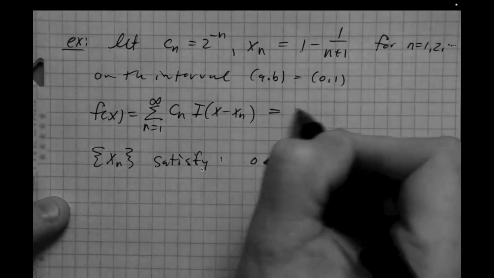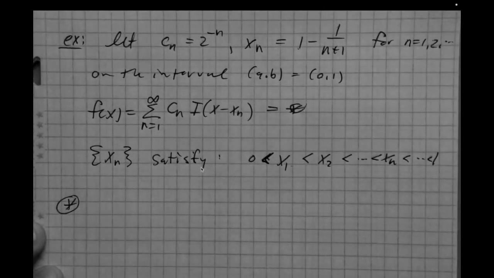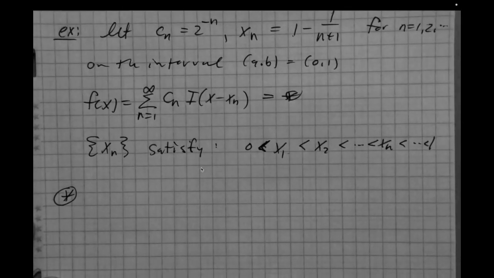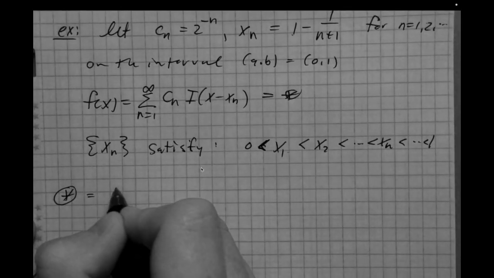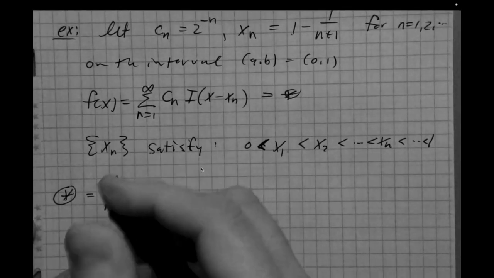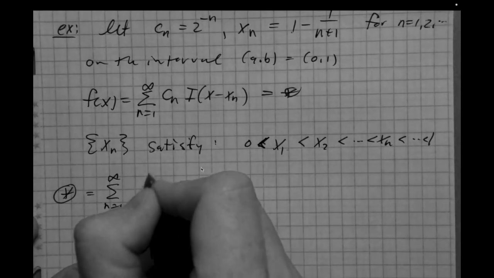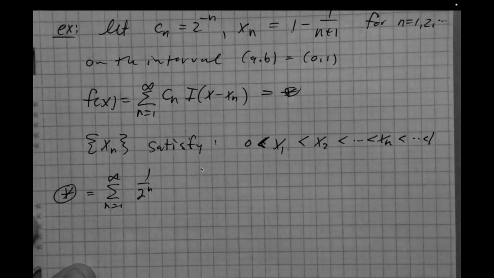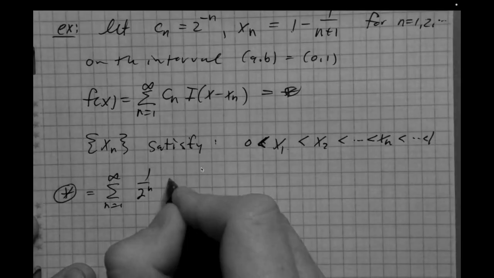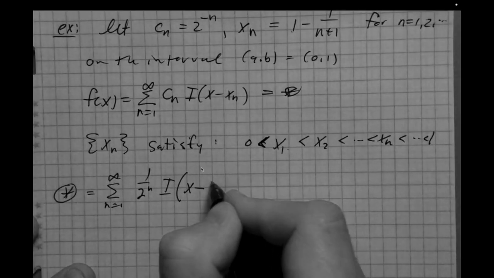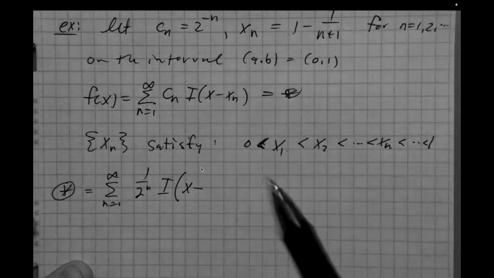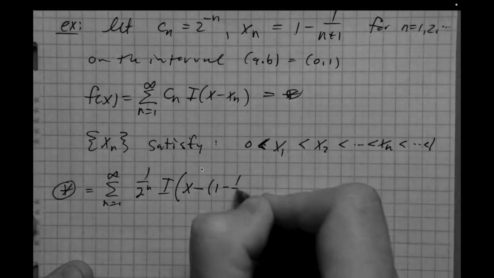So this is the function, and let's plug in the actual pieces of the function here. This would be equal to the sum from n equals 1 to infinity. Now instead of c_n, I'm going to put 1 over 2 to the n. And then I of x minus x_n, so x minus 1 minus 1 over n plus 1.